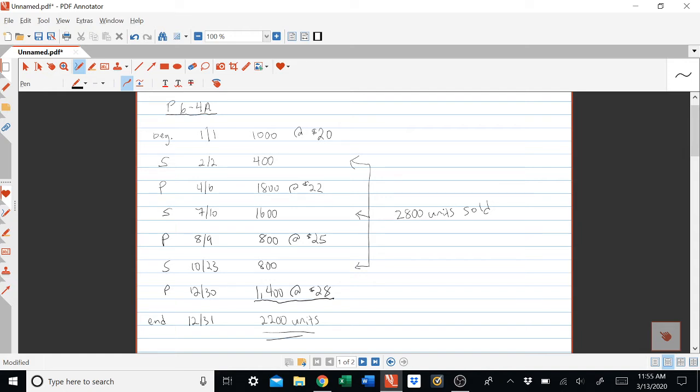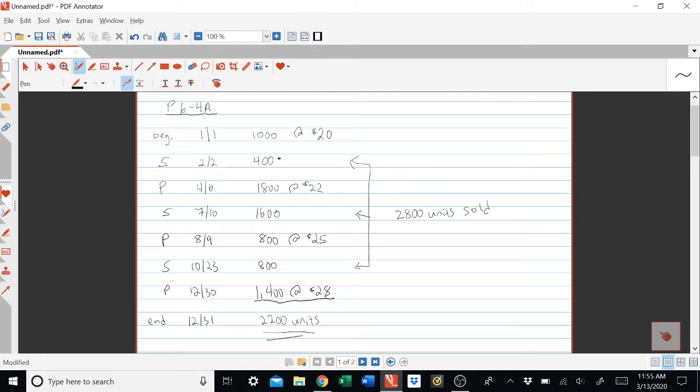So after this first sale on February 2nd, we need to find what's the cost of these 400 goods that they sold. After the second sale on July 10th, what's the cost of these 1,600 units that are sold? And then finally, after the third sale on October 23rd, what's the cost of these 800 units that are sold? And we add those three costs up at the very end to get the total cost of goods sold under the LIFO assumption.